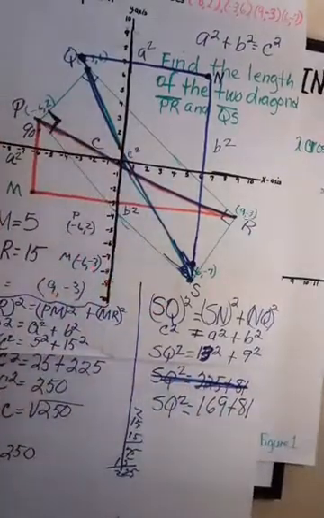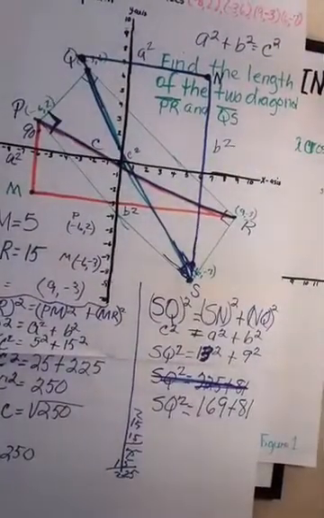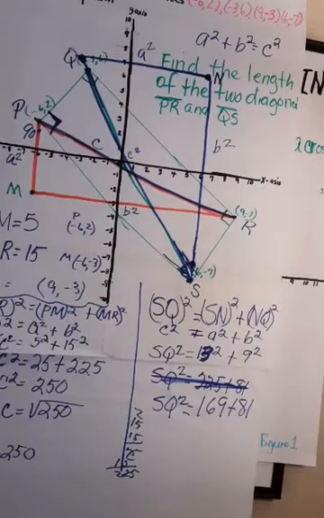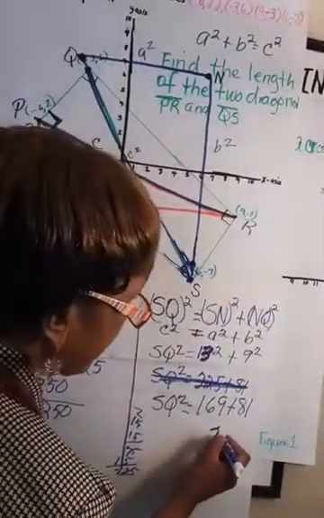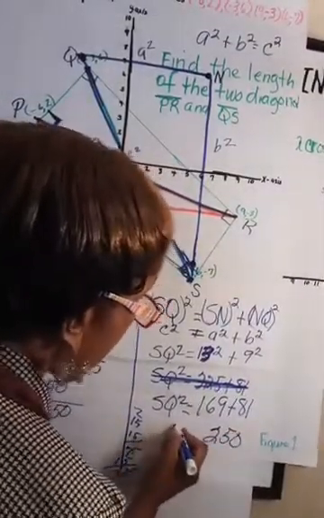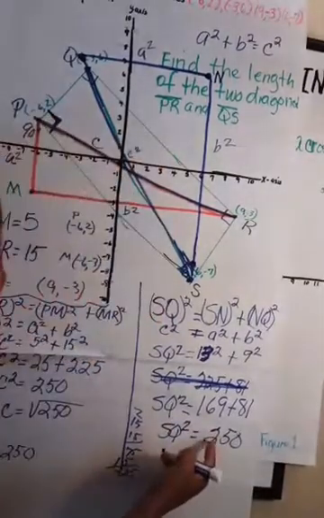See what you get. How much is 169 and 81? Somebody help me. Oh my goodness, it's 10:45. So that equals 250. So SQ square, which is the same thing as C square, equals 250.